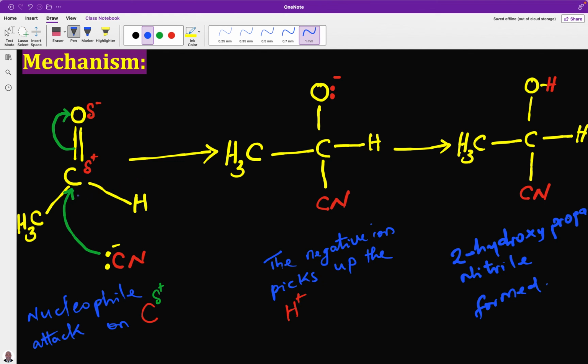If this molecule is rotated and it is attacked by the cyanide nucleophile, the nucleophile has equal opportunity of attacking it above the plane and below the plane. Let me just show an example of how this can happen.